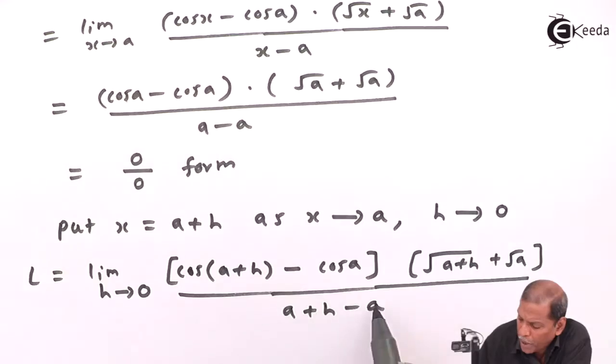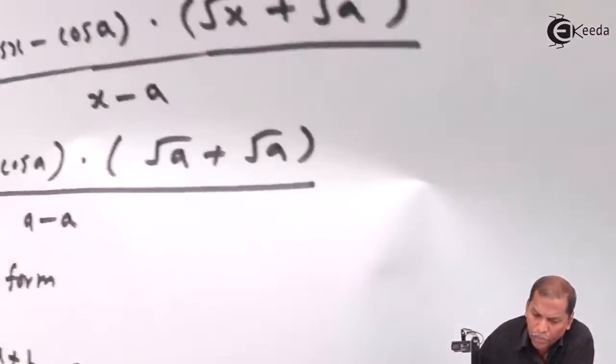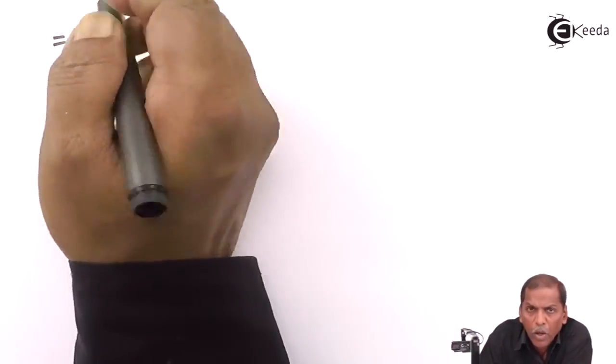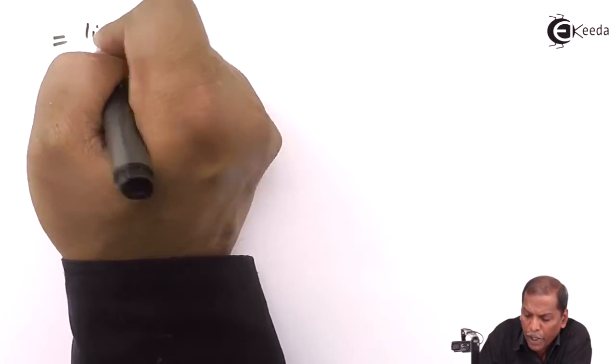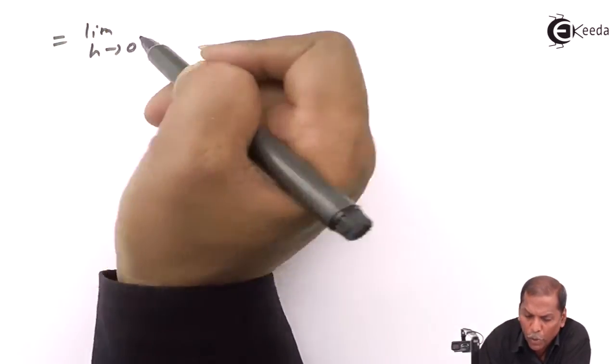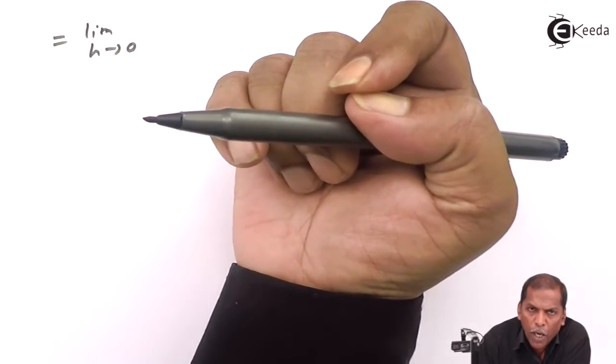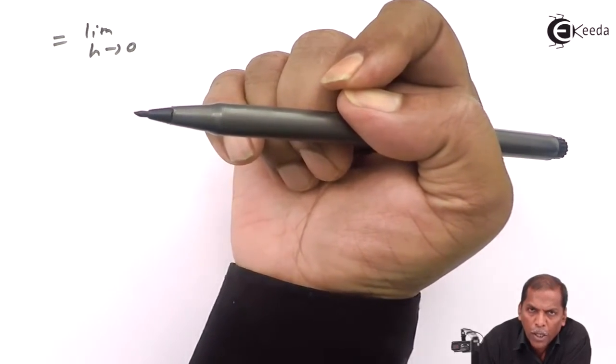Now here we cancel minus a plus a in the denominator. So the next step will be equal to limit h tends to 0. Now in the first bracket we apply the formula cos c minus cos d.